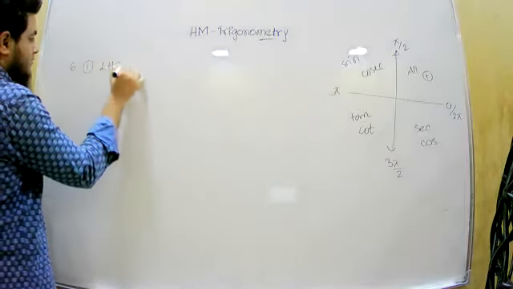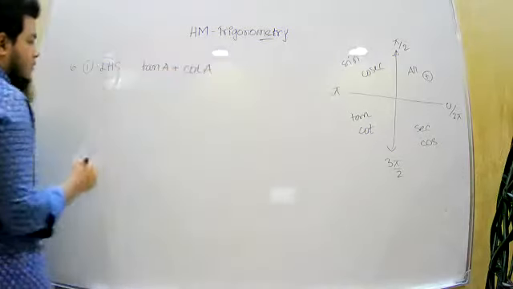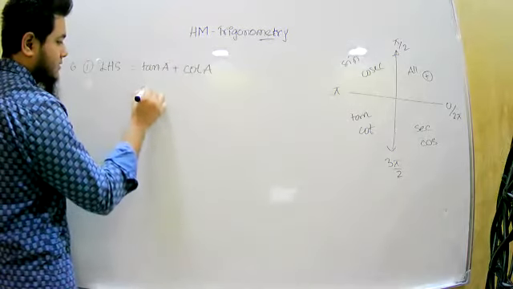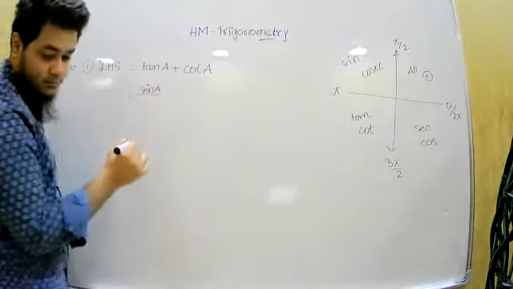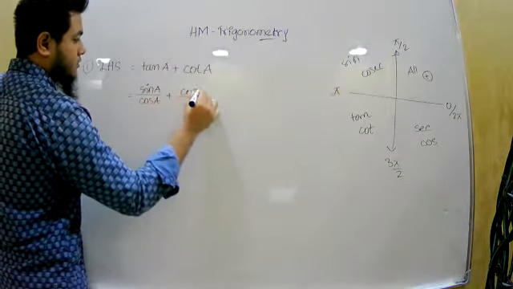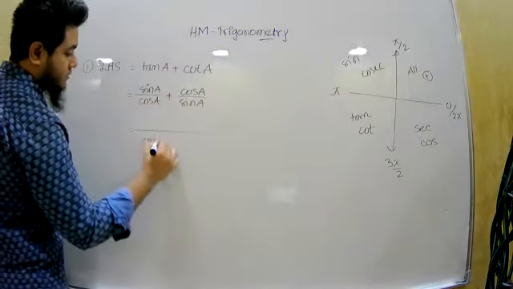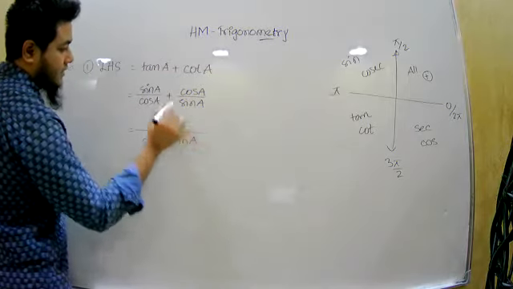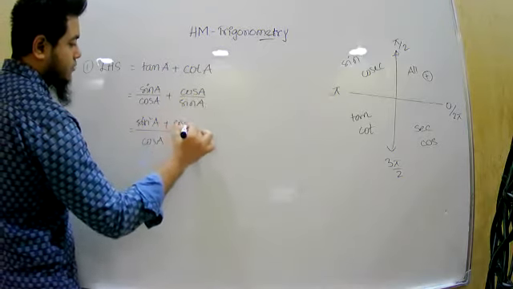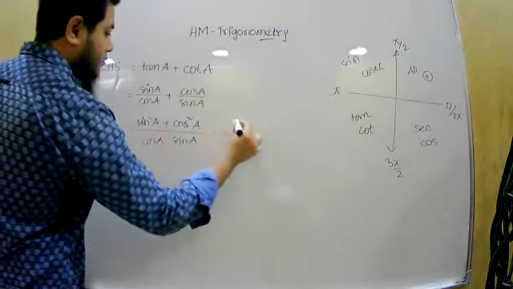Left hand side is equal to the given tan A plus cot A. So tan A is sin A by cos A, plus cot A, which is cos A by sin A. If we take the LCM, it will be cos A into sin A in the denominator, and in the numerator sin A into sin A, which is sin square A, plus cos A into cos A, which is cos square A. So sin square A plus cos square A is equal to 1.